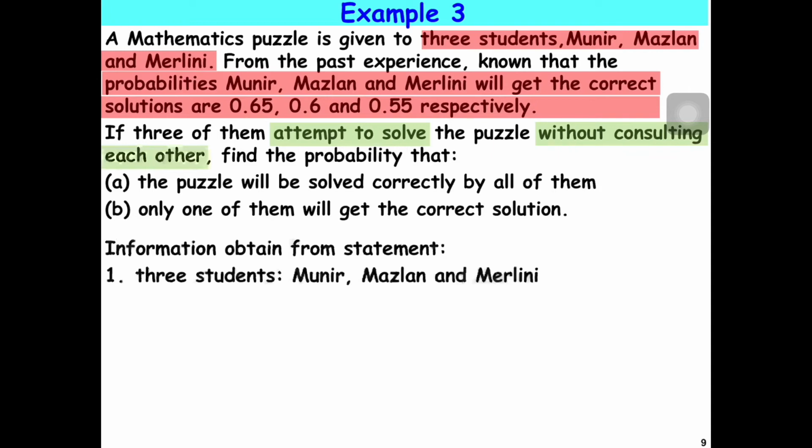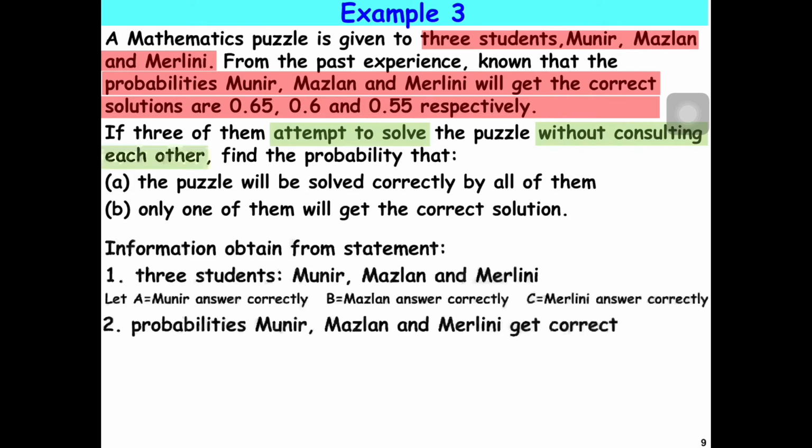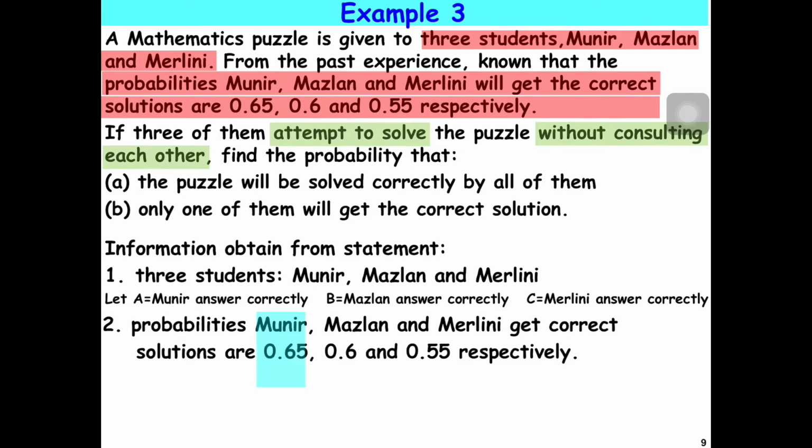So, information obtained from the statement: first, there are 3 students, Munir, Mazlan, and Marlini. We let A be the event Munir answers correctly, B, Mazlan answers correctly, C, Marlini answers correctly. The second information is that the probabilities that Munir, Mazlan, and Marlini get the correct solution are 0.65, 0.6, and 0.55 respectively.